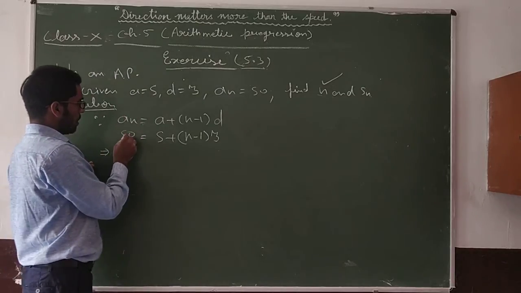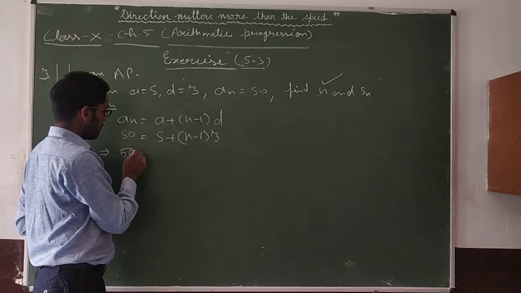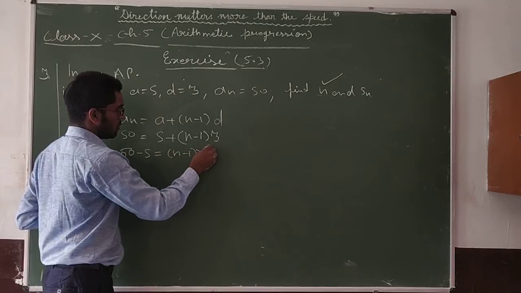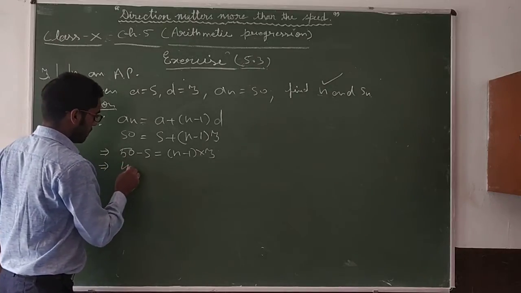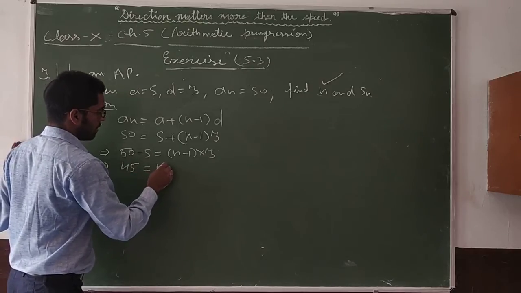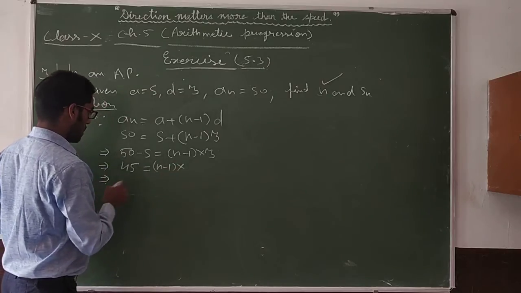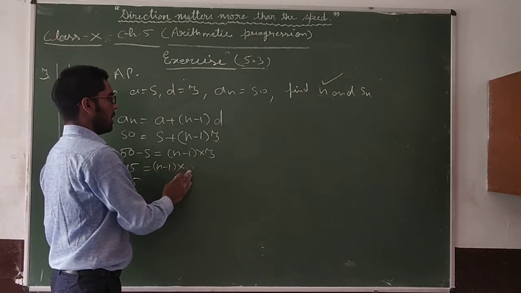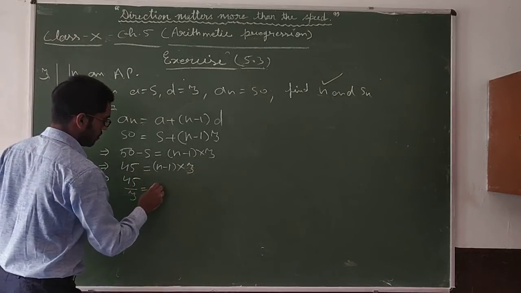Calculate it: 50 minus 5 is equal to (n minus 1) into 3, so 45 is equal to (n minus 1) into 3. Transpose 3 to the denominator of the LHS: 45 upon 3 is equal to n minus 1.